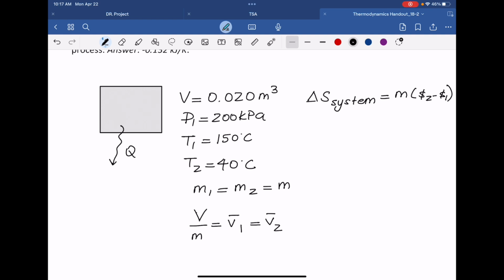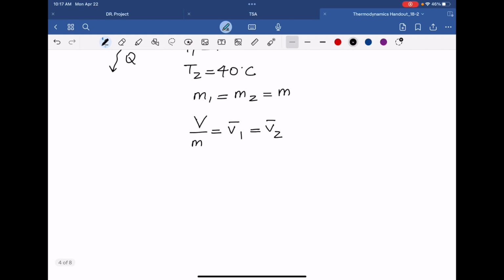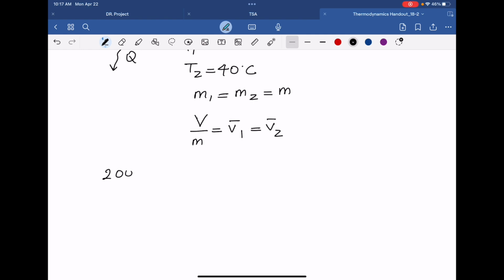Mass can be found from the volume if we know the specific volume, and we can. Now all you have to do is look at the right tables here. This problem is not very complicated in that sense. In the first state, it is 200 kilopascal and 150 degrees Celsius.